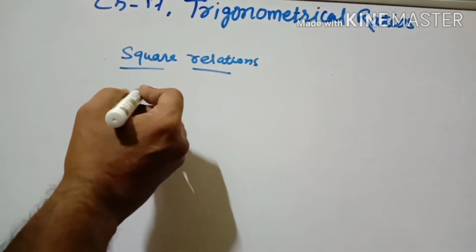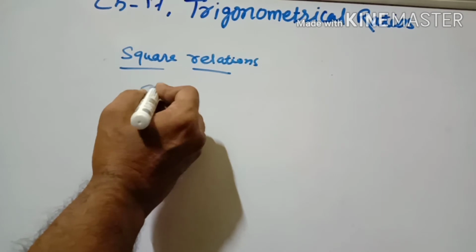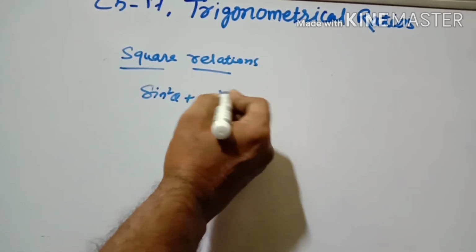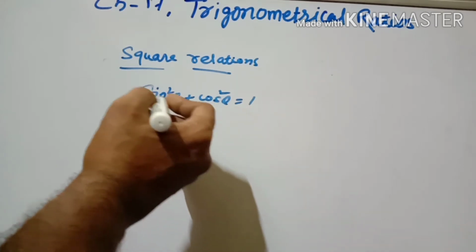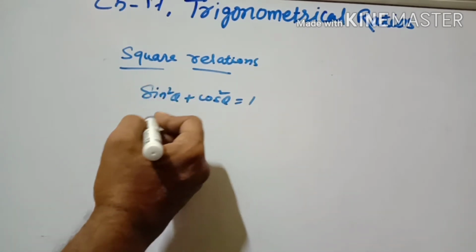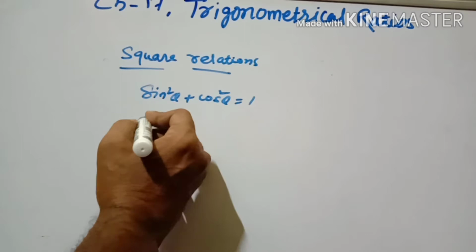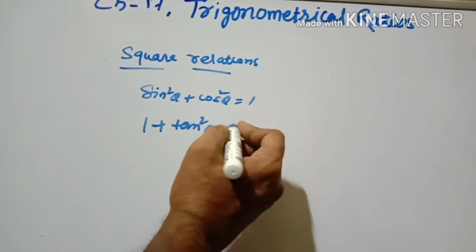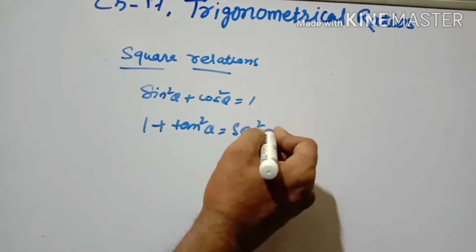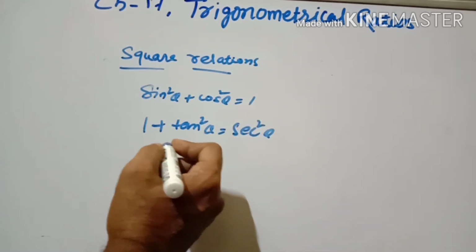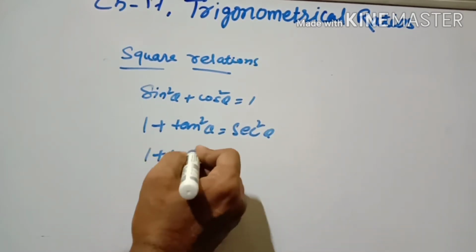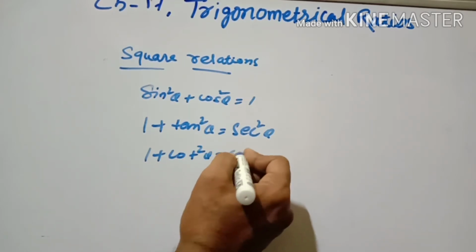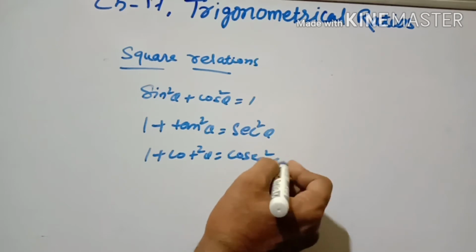Square relations, as we know, sin square theta plus cos square theta equal to 1, same as 1 plus tan square theta equal to sec square theta, 1 plus cot square theta equal to cosec square theta.